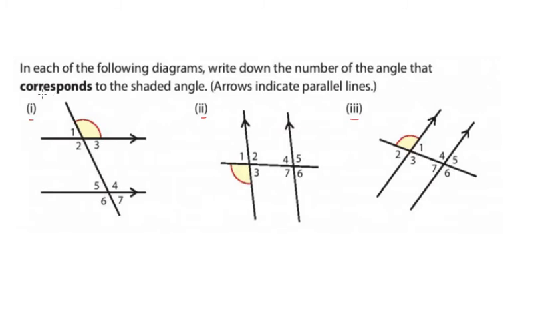Corresponds here means write down the number of the angle that is the same as the shaded angle. The shaded angle is this here. So we want to find out what angles are the same as the shaded angle.